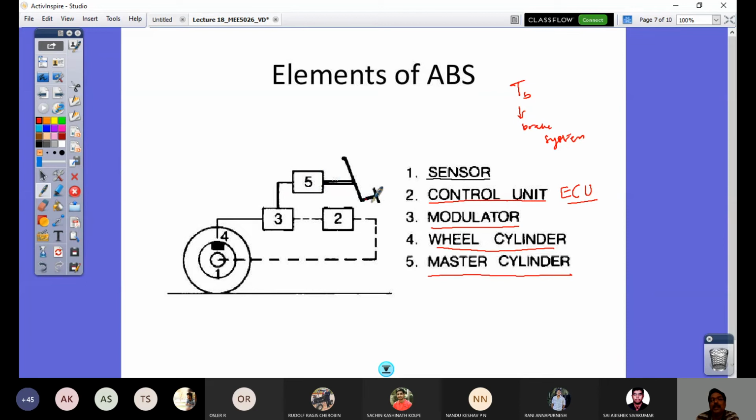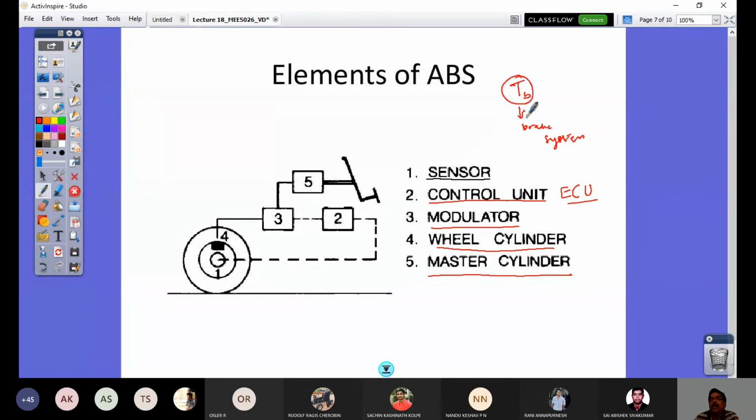So as you press the brake pedal, the pressure from the master cylinder goes through the modulator. So in this line, the modulator would decide what pressure is to be employed on the wheel cylinder. The wheel cylinder pressure is finally going to provide this TB.